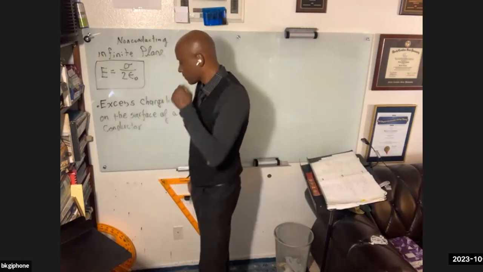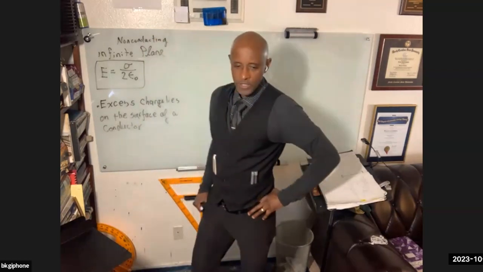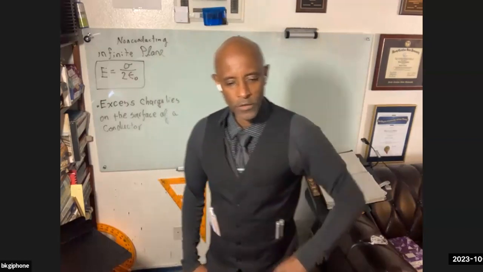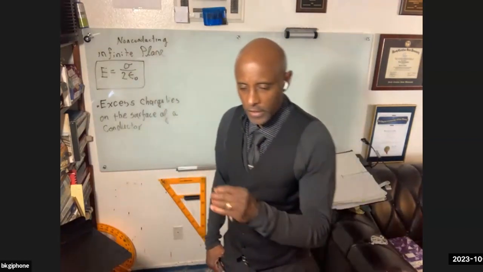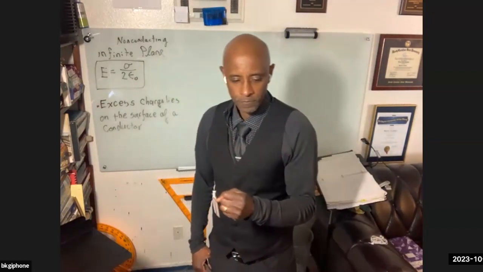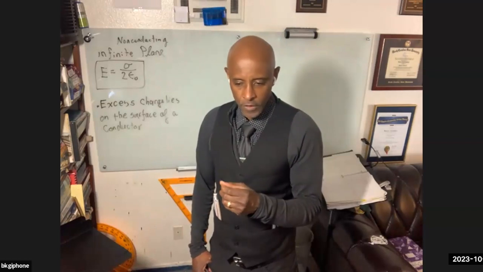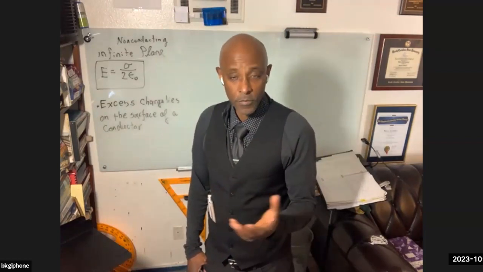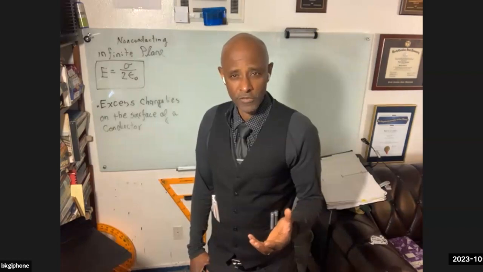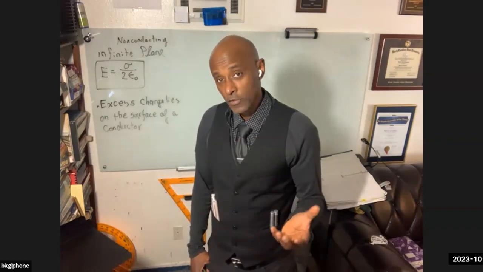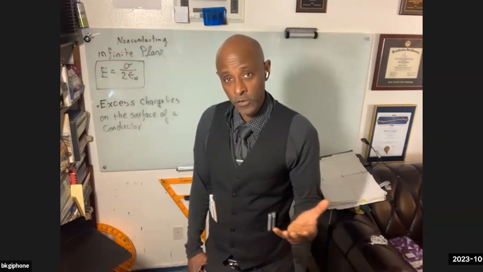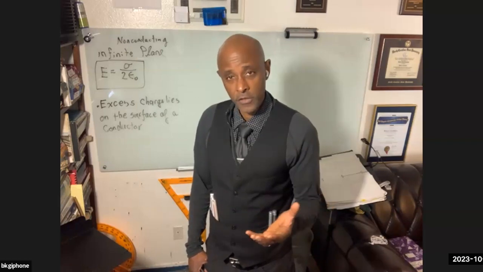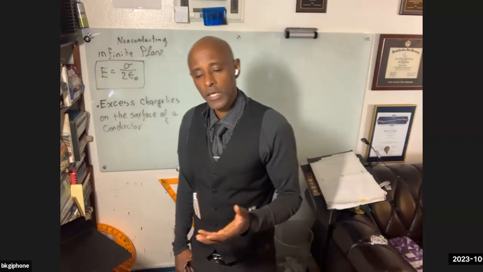Now, also, because of that, we know that electric fields originate from monopoles, the poles associated with the electric field. We say that electric fields originate and terminate on charges: they originate on positive charges and terminate on negative charges.